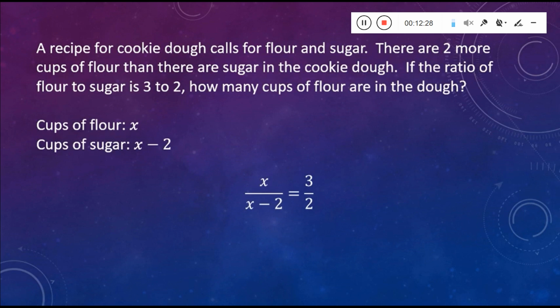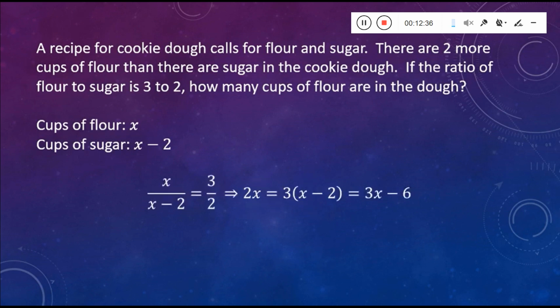We could go about solving this using techniques similar to what we saw in our previous video, but the technique you may be more familiar with is the method of cross multiplication. You can multiply the x and the 2 and then set that equal to 3 times the x minus 2. So this means that 2x is going to equal 3 times x minus 2, or 3x minus 6.